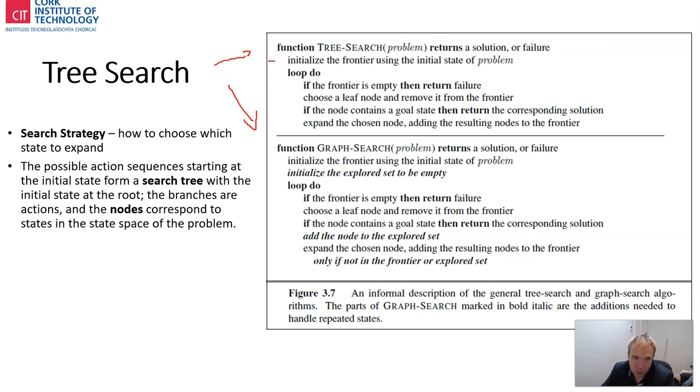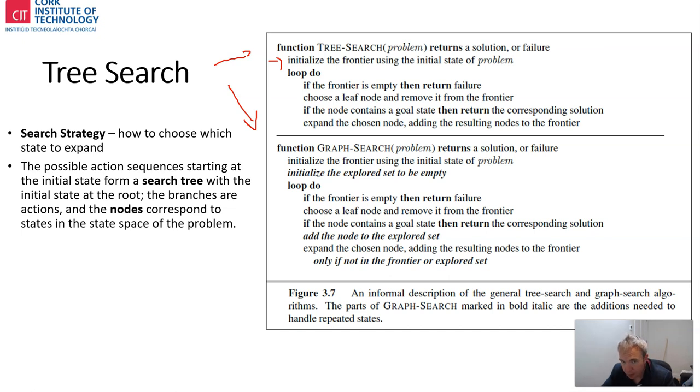It initializes the frontier using the initial state of the problem. So again, like our prior example, that would initially be the root node. Then loop do: if the frontier is empty, then return failure. In this case, it's not empty because Arad is in the frontier. So choose a leaf node and remove it from the frontier. So we choose Arad, we remove it from the frontier. If the node contains a goal state, then return the corresponding solution.